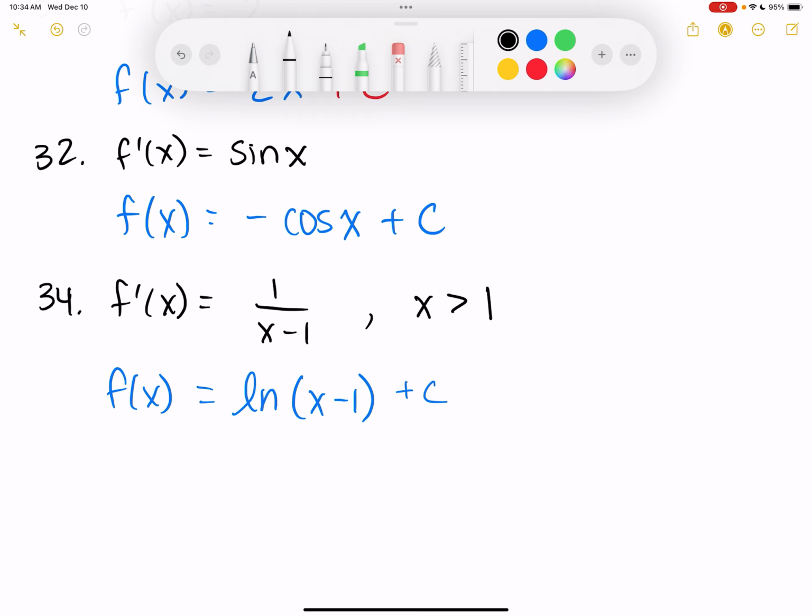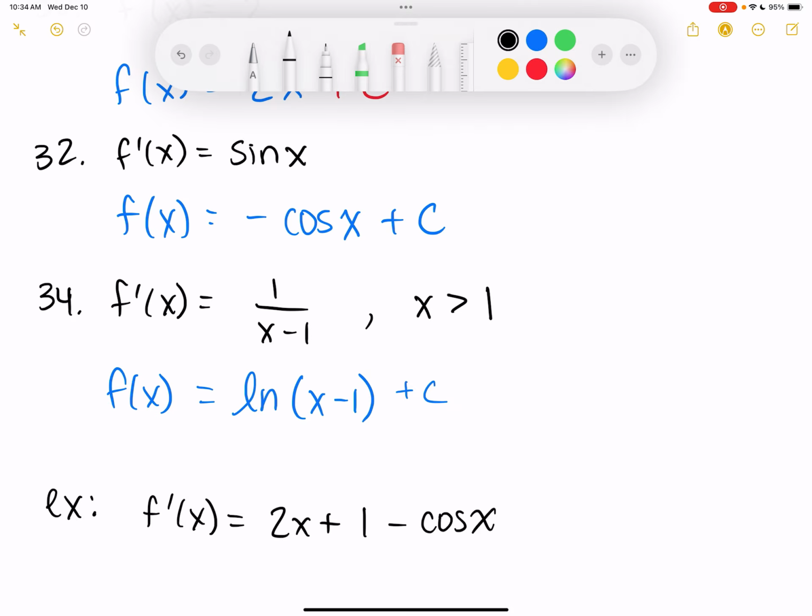If they gave us something like, I don't have a lot of examples here. Let's see. F prime of x is equal to 2x plus 1, and then minus the cosine of x.